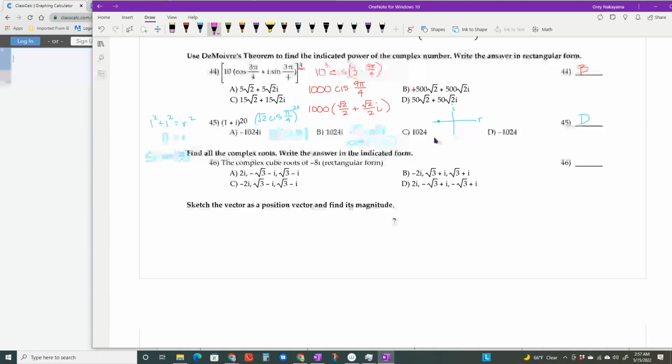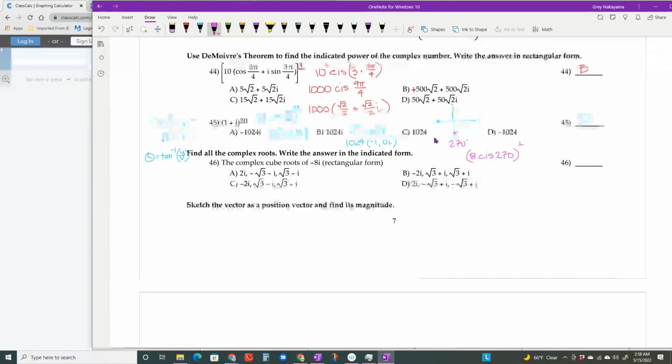All right. Complex roots, raising it to the 1/3 power. -8i is down here on this little picture, which is what angle? Okay, that's 270 degrees. So that means I'm trying to find 8 cis 270 raised to the 1/3.